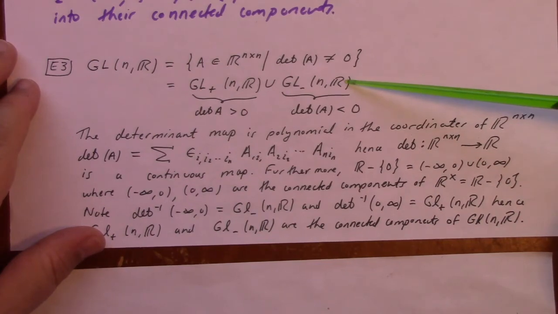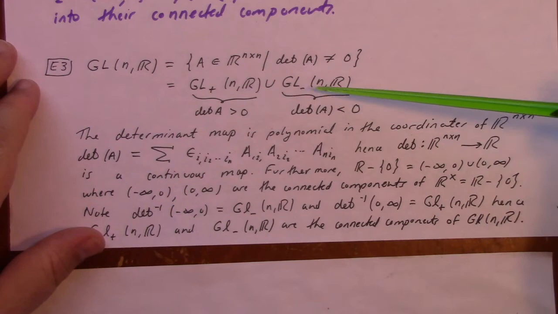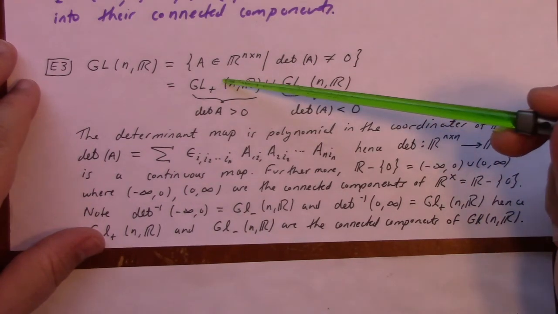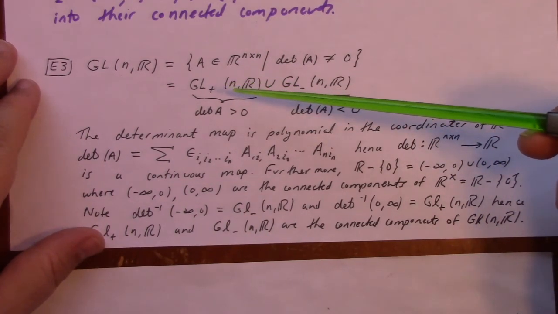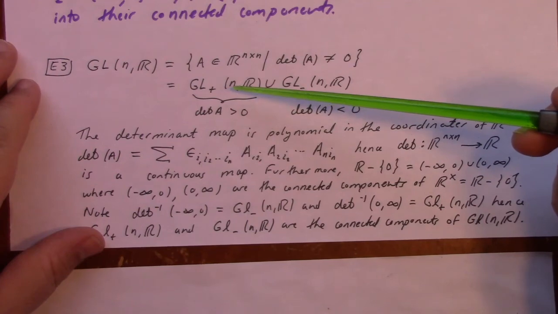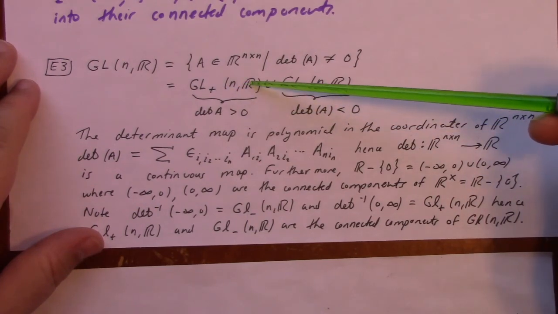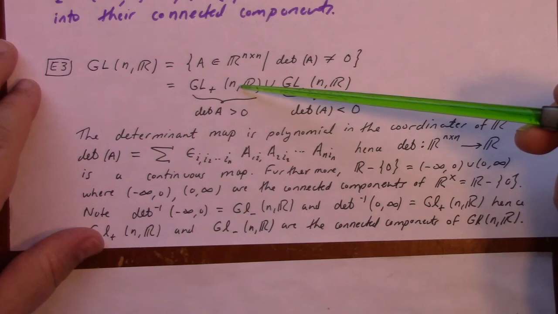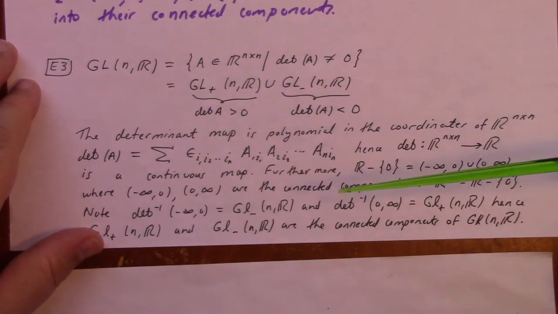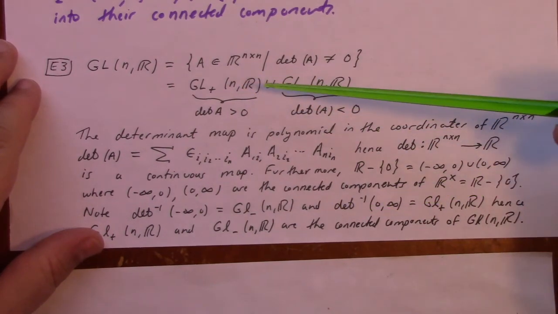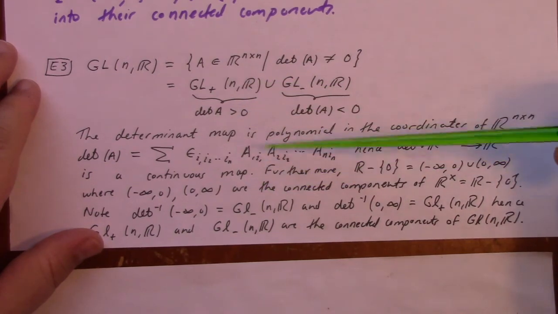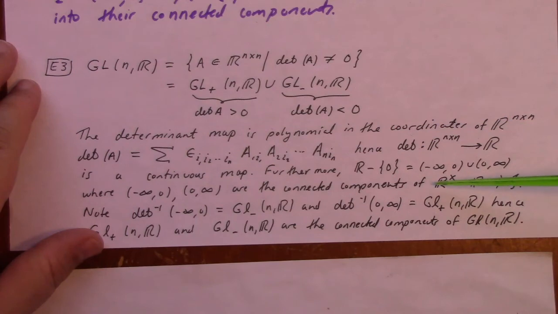So I think you can make an argument like that implying maximality of these sets. And since they're connected, I guess the question is, how do I know these are connected? They're the inverse image under the determinant map of a connected set.